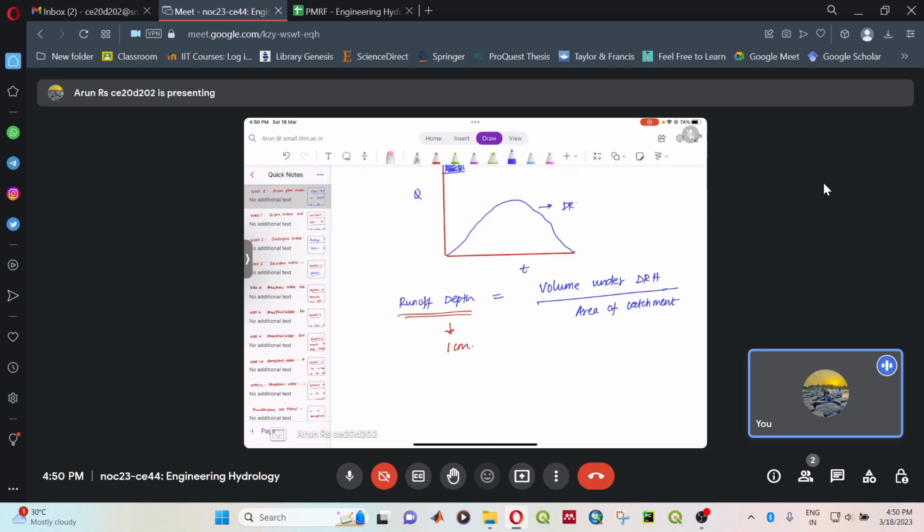So let's say this is a DRH. If you compute the area under this curve, that will give you the volume of runoff. So this is the area under DRH.